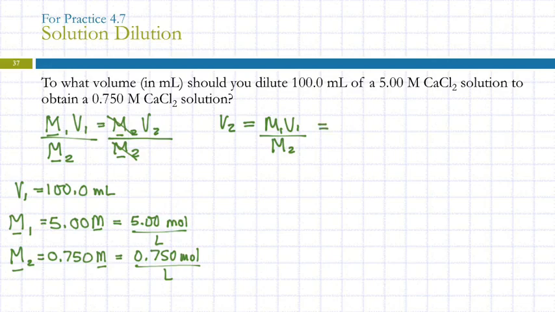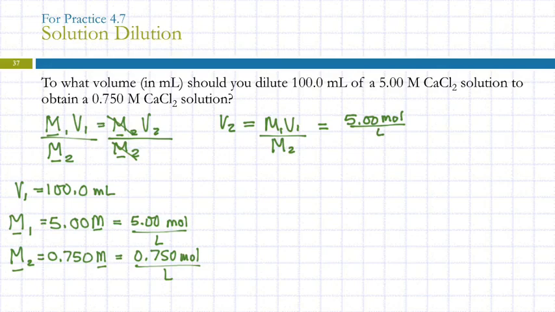So we've got M1, we've got V1, we've got M2. Let's plug them into this equation. Always include the units. So M1 is first. So M1 is 5.00 moles per liter. Make that a vertical fraction.